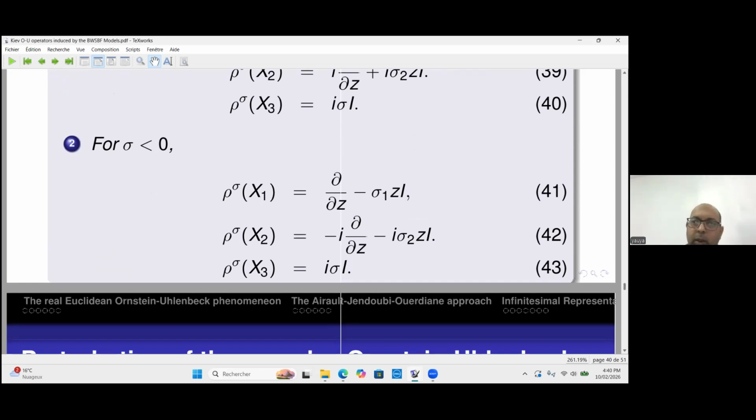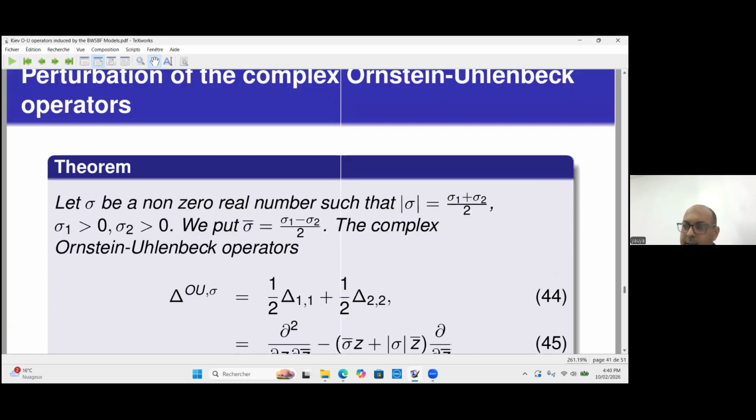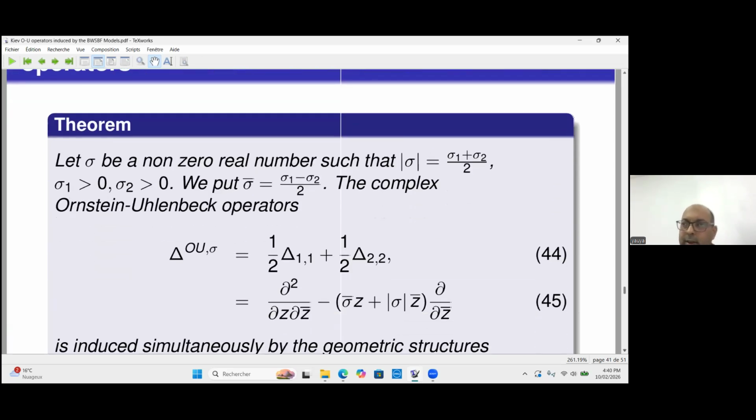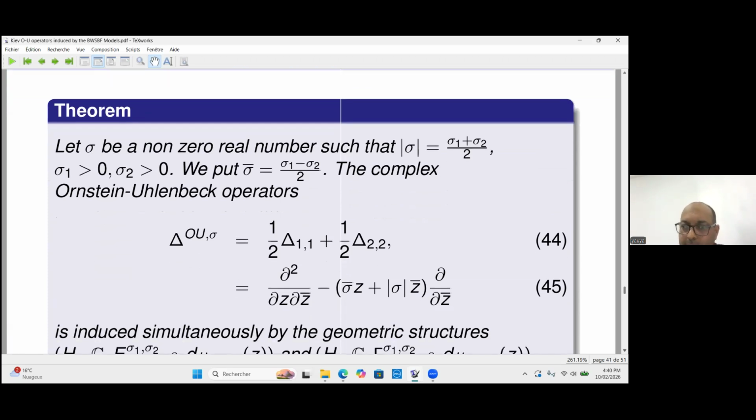If we recall this, delta gk equals rho x gk plus its conjugate composed with hxk, we obtain not the same operator, but a secondary differential operator.